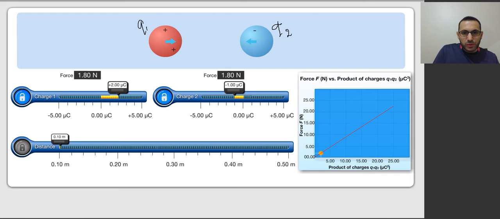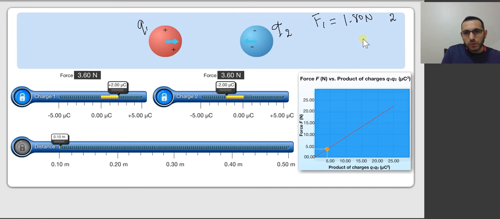So Q1 Q2 is 2 here. To make it 4, to double it, I make this one -2. Okay, so F1 is equal to 1.80 Newton when the product of Q1 and Q2 is 2.